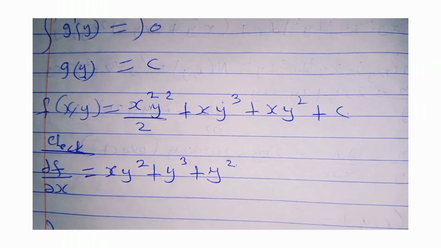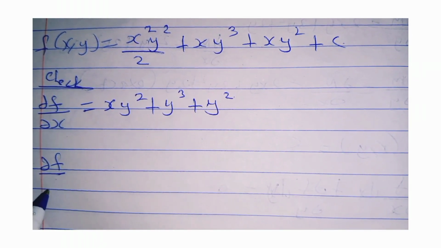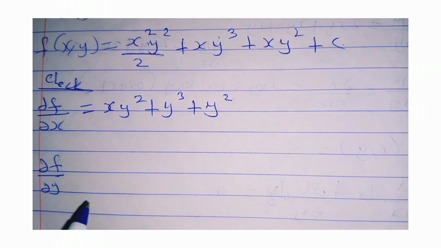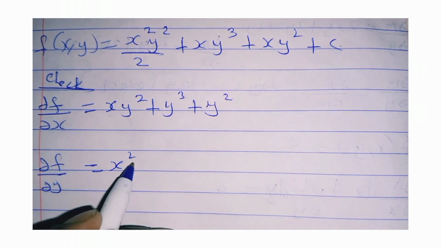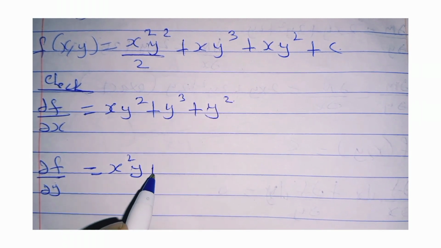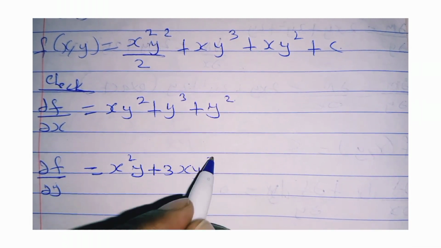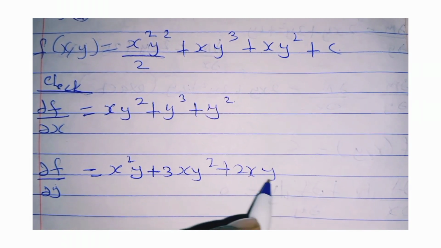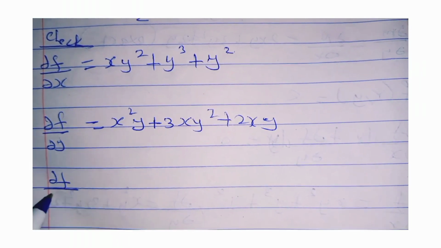Then you also get the partial of f with respect to y, which will give us, in this case, x squared y plus 3xy squared plus 2xy.